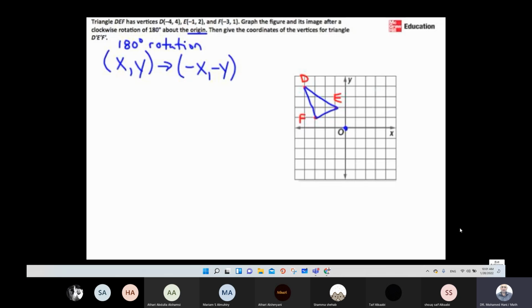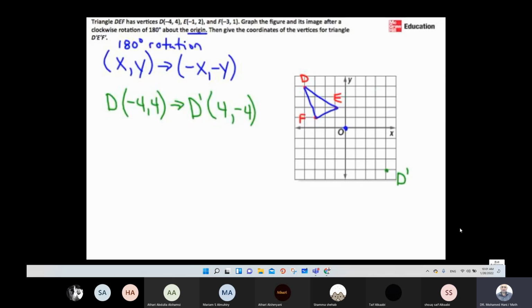So when we compare our preimage points, which are D, which is (-4, 4), that's going to map to D prime, which will be the opposite of negative 4 is 4, and the opposite of 4 is negative 4. So we'll plot that. So 4 will be right 4, and then down 4. And that will be D prime.